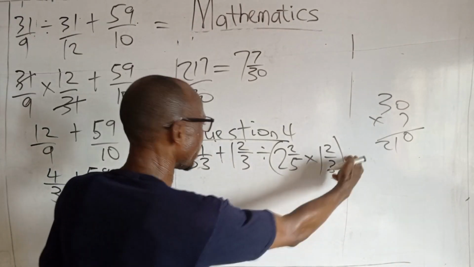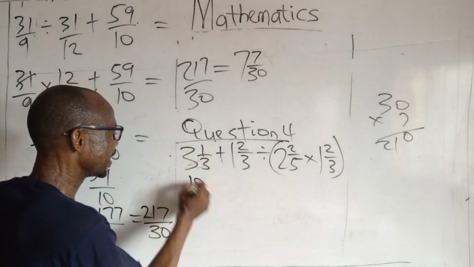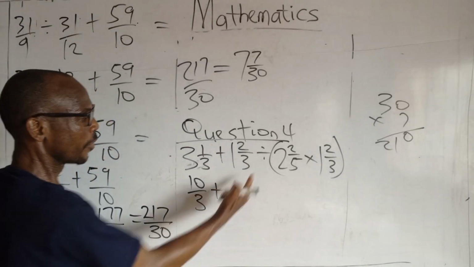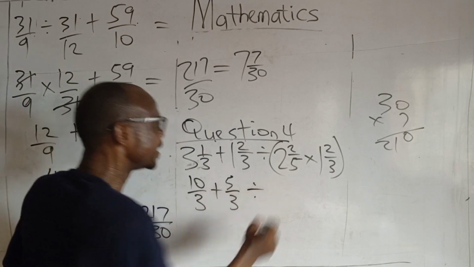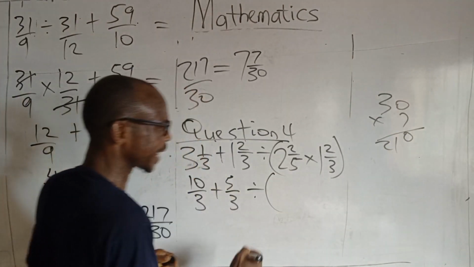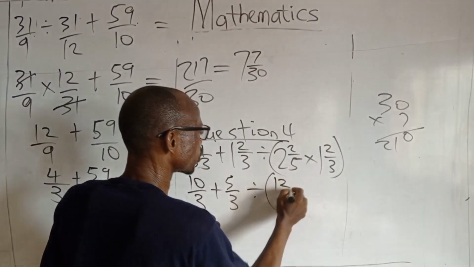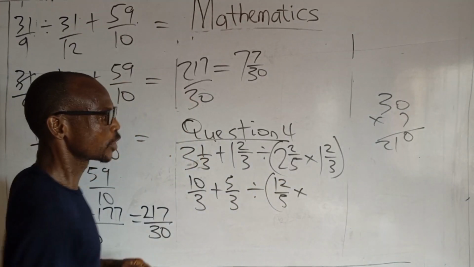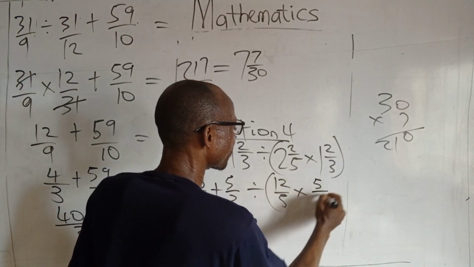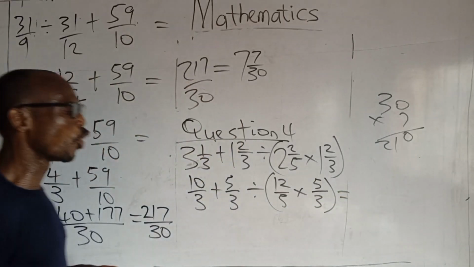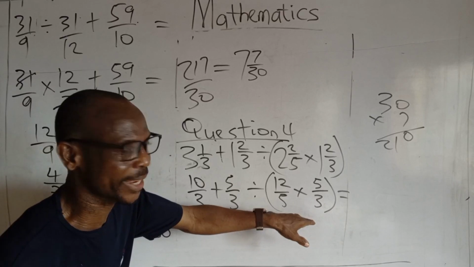We are going to have this equal to what? 3 times 3 is 9 plus 1, 10. 10 over 3 plus 3 times 1, 3 plus 2, 5. 5 over 3 divided by, open bracket, 5 times 2, 10, plus 2, we have what? 12 over 5, times 3 times 1, 3, plus 2, 5. We have 5 over 3. Bracket close. So we are looking at values inside the bracket first.